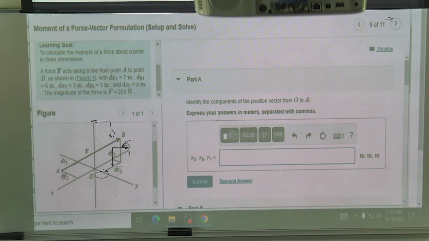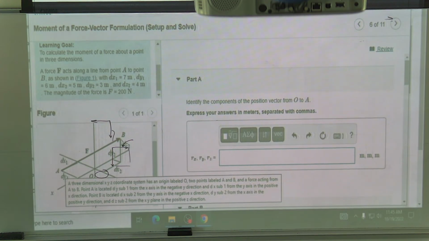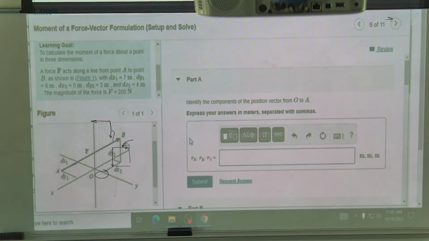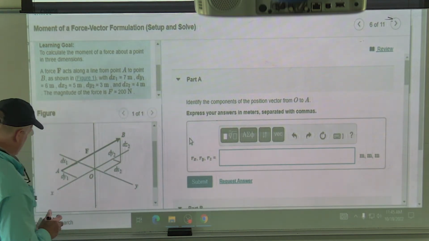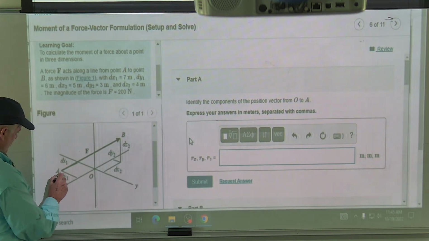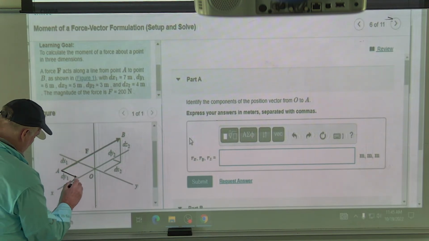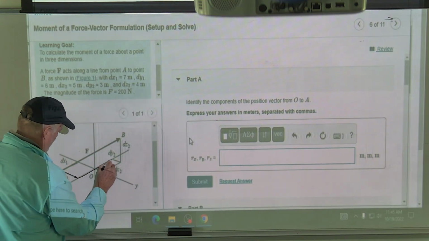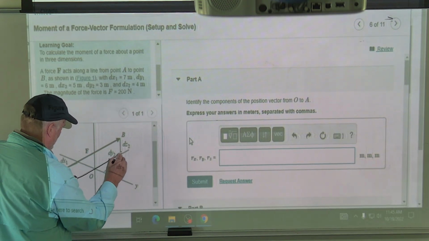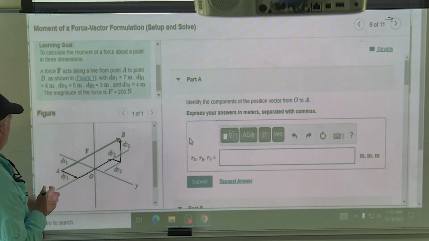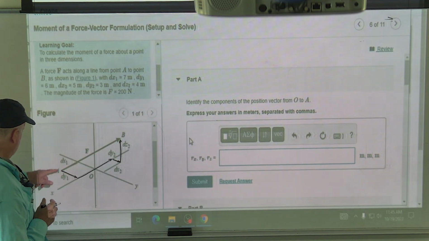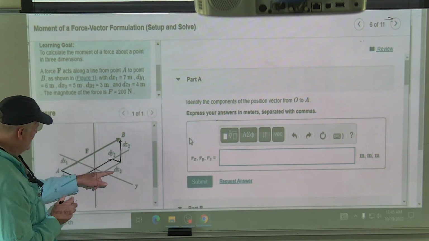So what he's got is a point laid in the XY plane, and then one that's directing towards B. So if you wanted to get from point A to point B, you would go along here, and you'd go along here, and then right there. I'm assuming it gives all those. So this would be dx and dx.